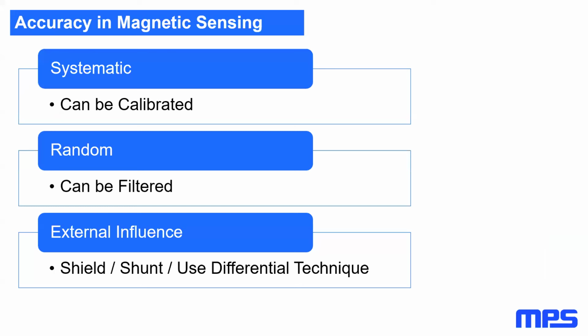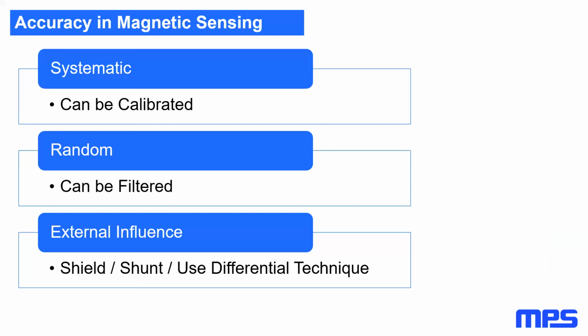So to start with basic accuracy in magnetic sensing, we have three fundamental categories for magnetic sensing. And when I talk about magnetic sensing here, I'm talking specifically about position sensing, magnetic position or angle sensing, and magnetic current sensing.